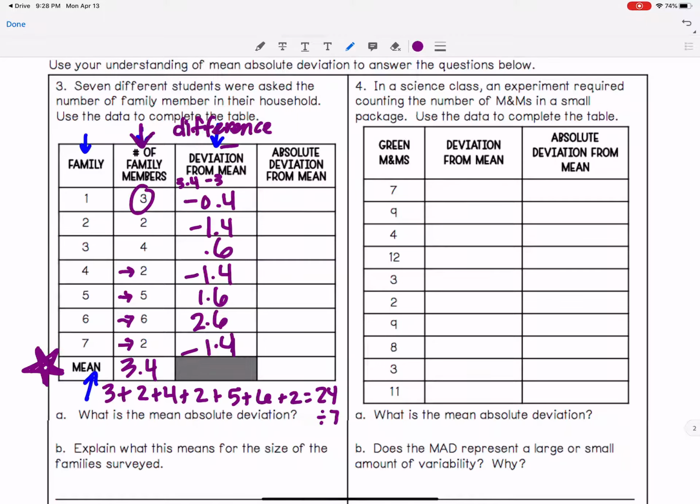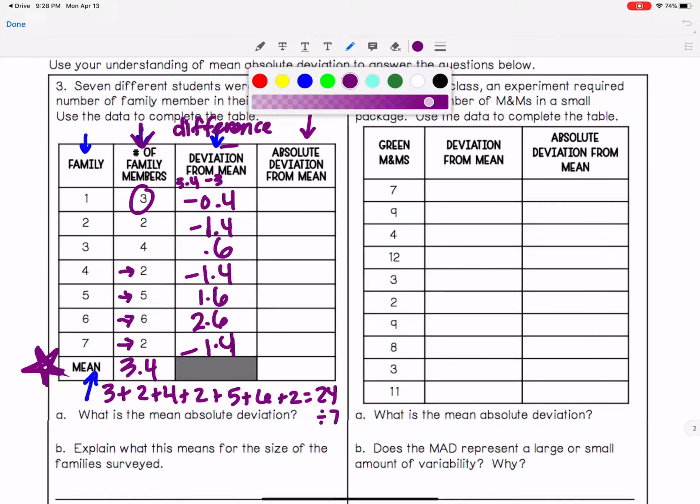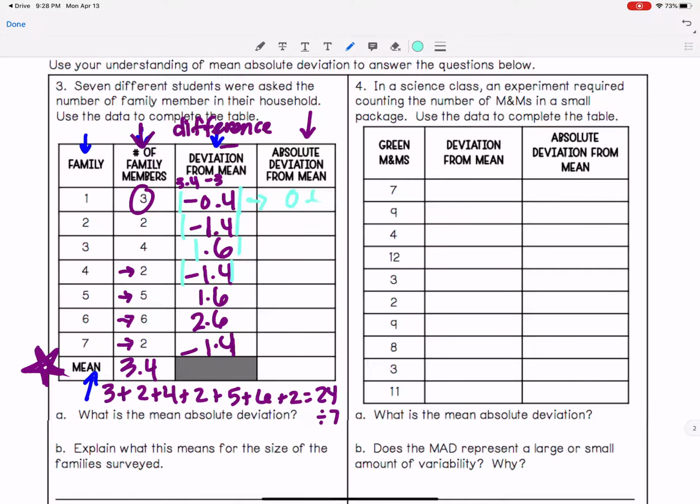Now, absolute deviation from the mean. That means, what's the absolute value? Basically, if you were to put all of these in absolute value brackets, let's switch colors again. Let's say that I put this in some absolute value lines like this. What would I end up getting on this side over here? Well, if I had negative 0.4 and I found the absolute value of that, I would just get 0.4, right? Absolute deviation from the mean means that there are no negative numbers.